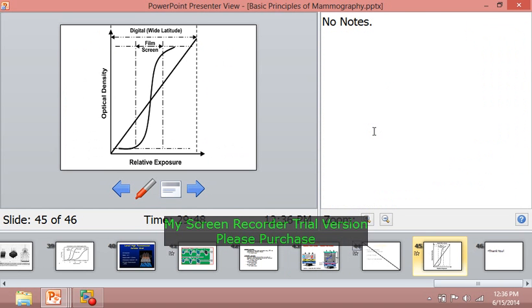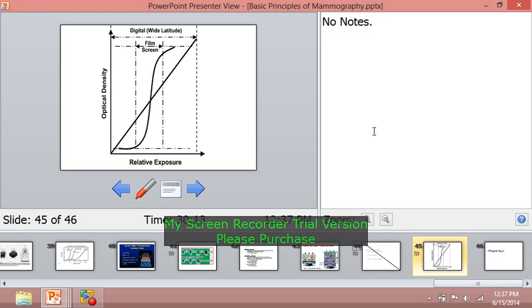So in conventional the characteristic curve is sigmoid, and in digital it is a straight line. So there is the linear relationship between the exposure and optical density in digital imaging, which is very easy to manipulate and process.